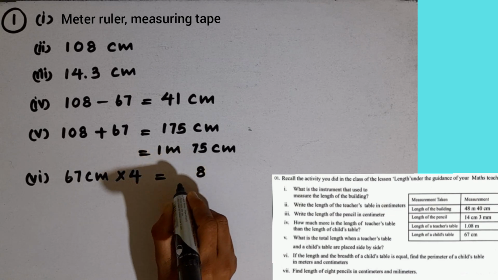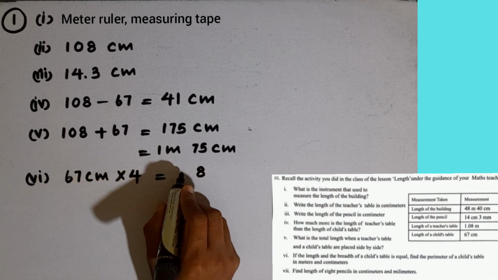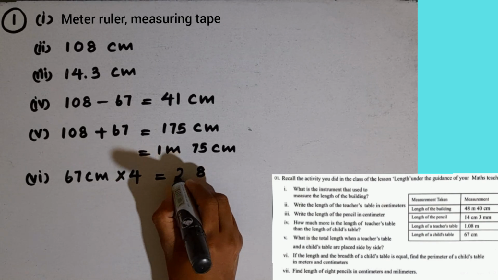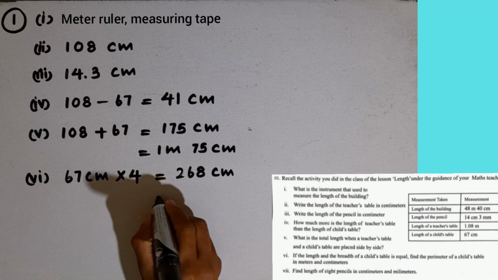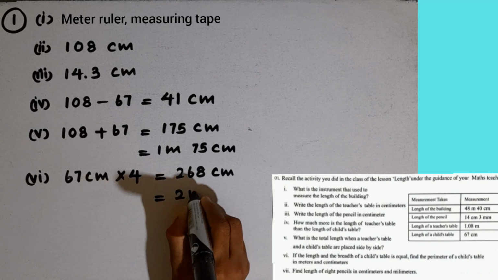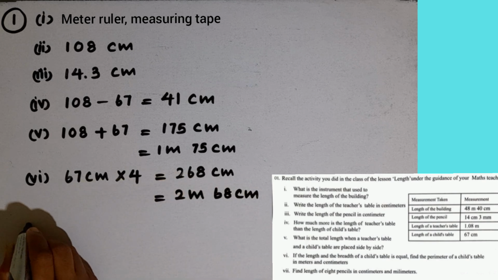Then 2 is remaining. 4 times 6, 24. 24 plus 2 is 26. 268 centimeters. Now we can write it as 2 meters 68 centimeters.